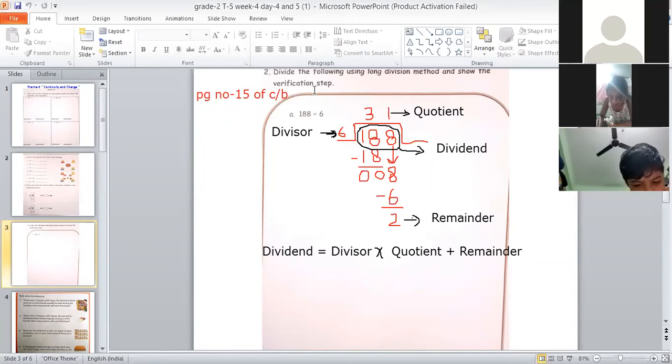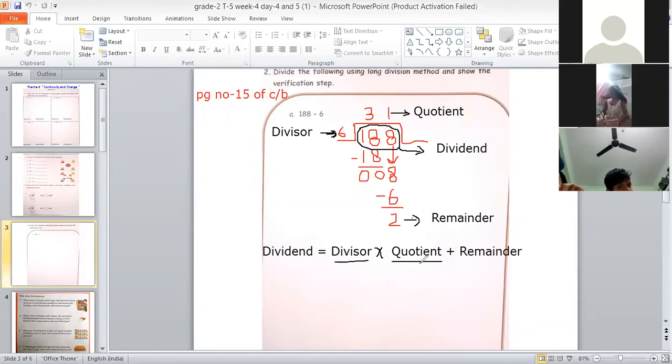Yes, children. I told you that the dividend is the number which is being divided and the divisor is the number from which we are dividing that number, right? Now, how can we verify our answer, how can we check whether we have solved this question right or not? You have to multiply the divisor and quotient.